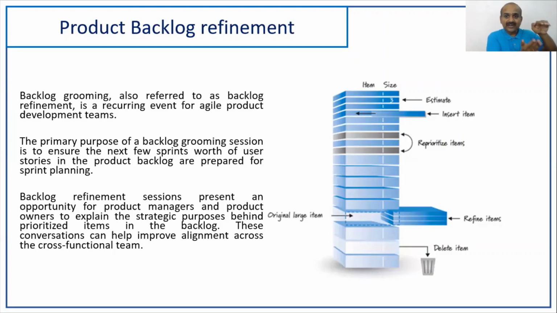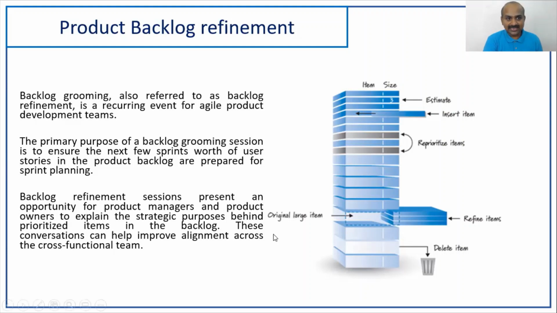One is minimum viable, the second is parity with the competition, and the third is ensuring that we have a certain edge over the competition. For minimum viable product, these features are important, and this is how they are important. Likewise, we should be in a position to explain. It's a great opportunity for the product owners to explain the importance of these requirements so that the team really feels kicked about it.